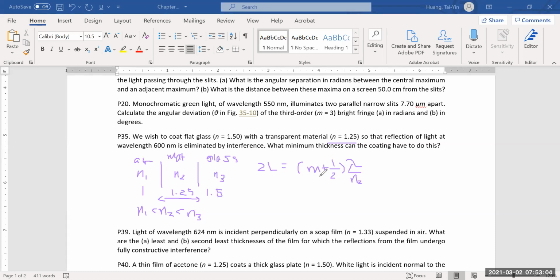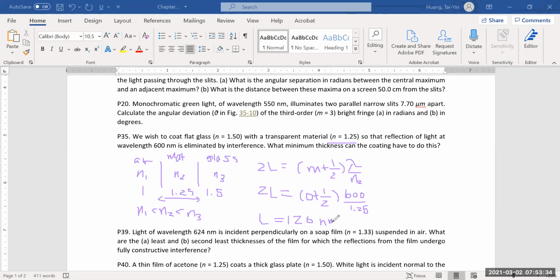The smallest value is 0. So you have 2L equal to (0 plus 1/2) times lambda, which is 600 nanometers, over n2, which is 1.25. When you plug in the numbers, your L is equal to 120 nanometers.